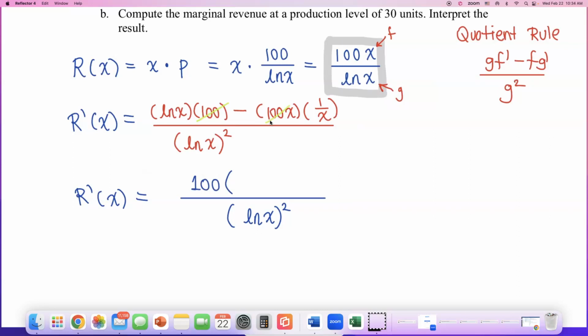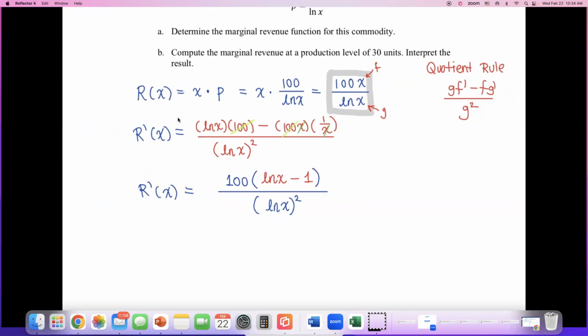I wrote that outside. So what's left? I have natural log of x, minus. Now look at what happened to these x's. This x cancels out, and the only thing I have left is 1. I still need to say minus 1. I can't just say 0 there. Minus 1. So that's it for the marginal revenue function.